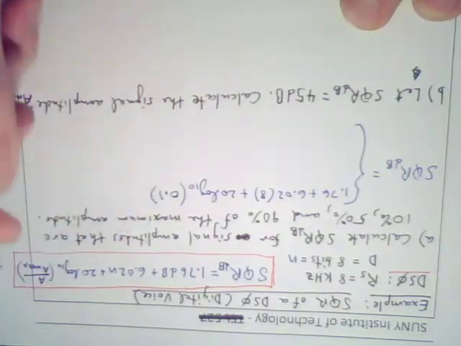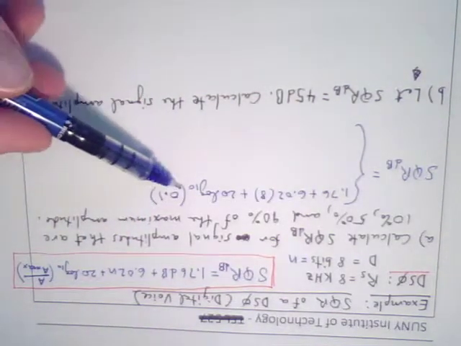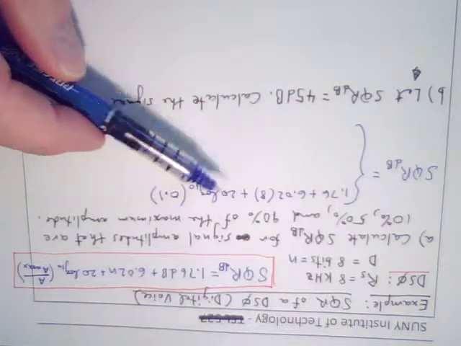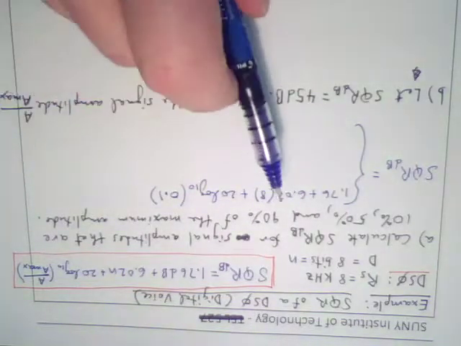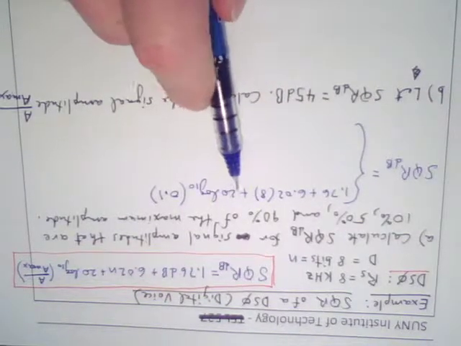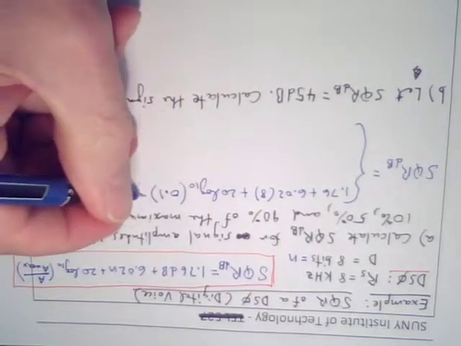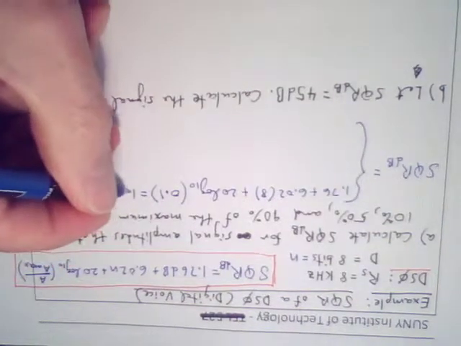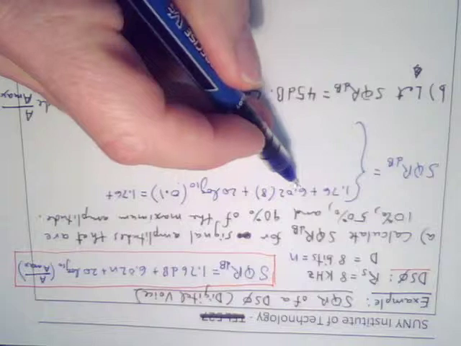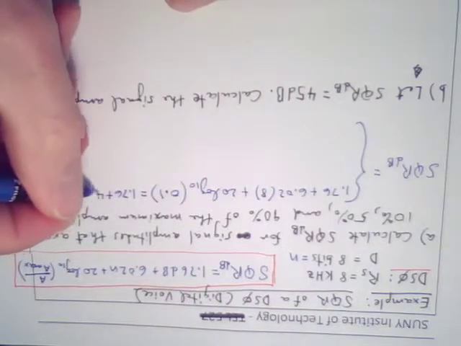Hey, that one's easy. The log base 10 of 0.1 is negative 1. Negative 1 times 20 is minus 20. So I can go 1.76 plus 6.02 times 8 minus 20. Let's see, 6.02 times 8 is 48 plus 0.16.